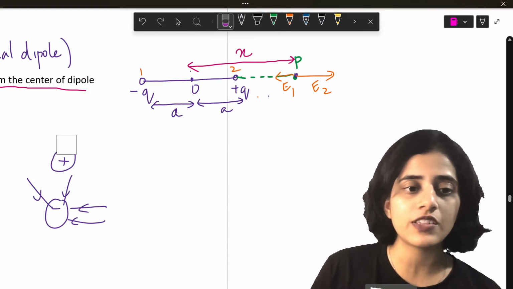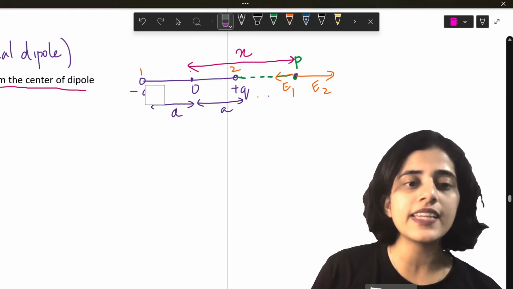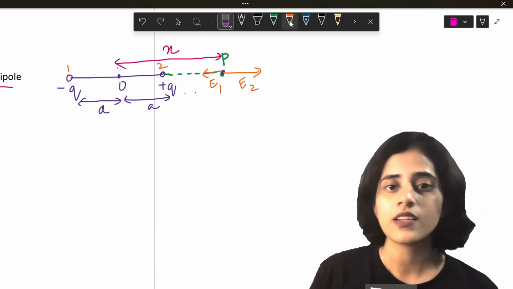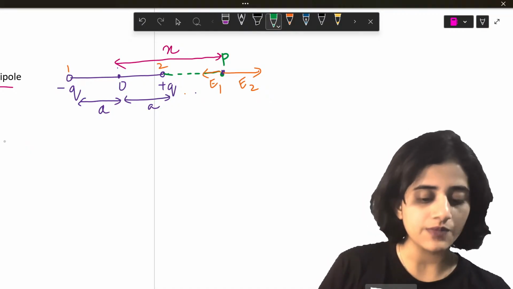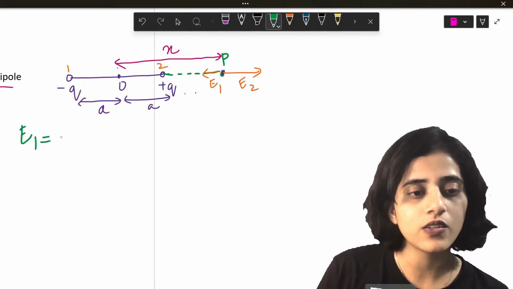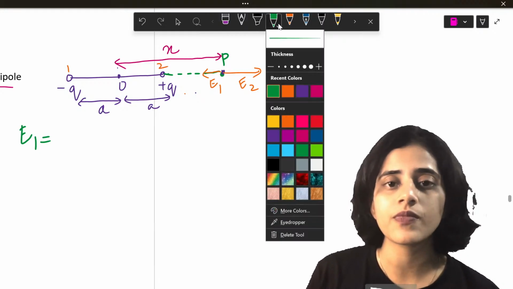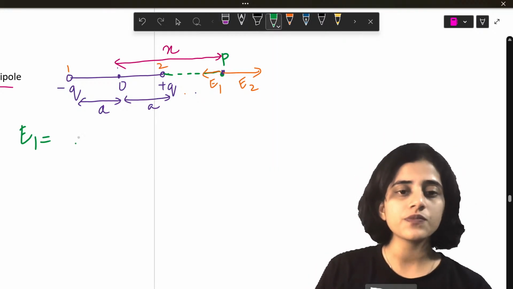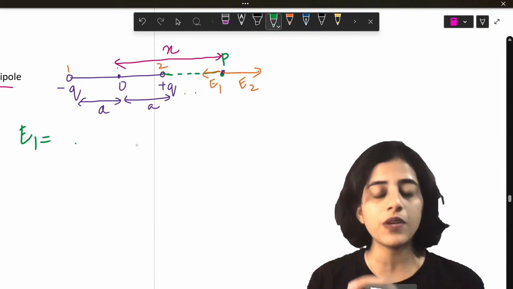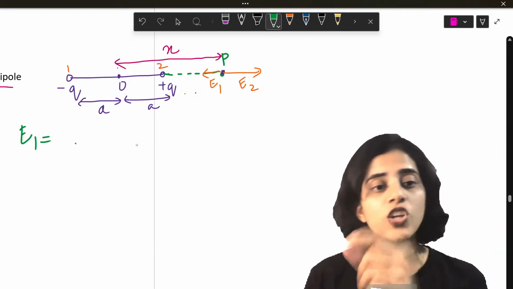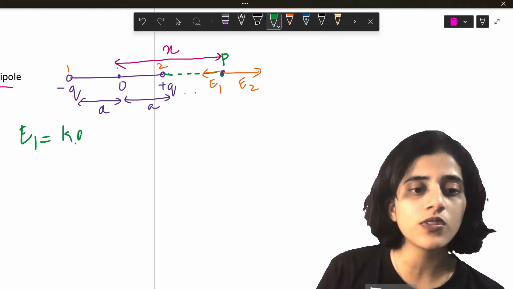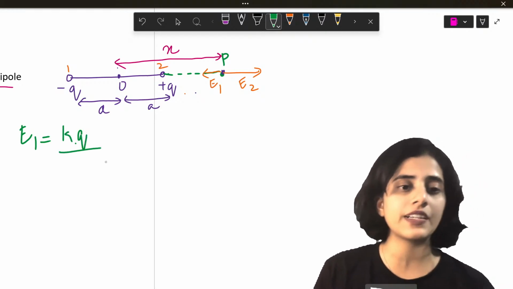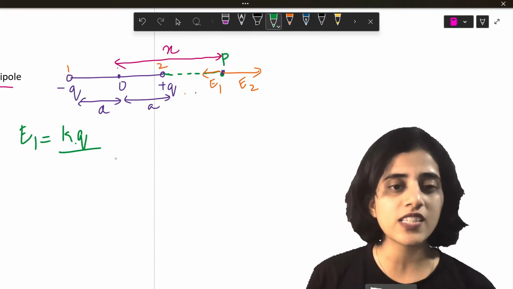Now let's erase everything unwanted and neatly do the derivation. Okay. First thing, E1. What is E1? E1 is the electric field at point P because of charge minus Q. So that should be equal to K into Q, the whole divided by, what should the distance be?